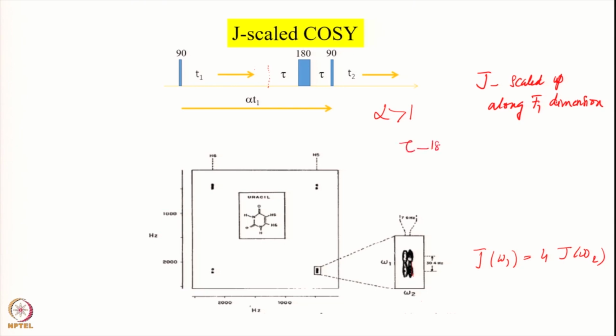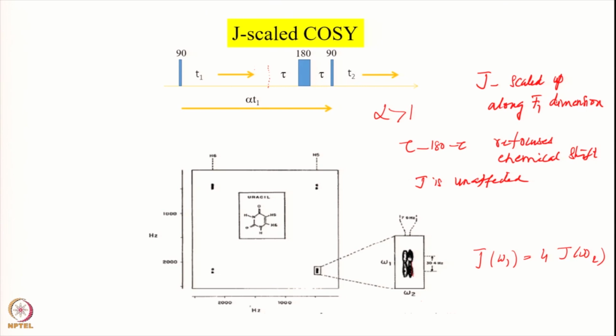Tau 180 tau refocuses chemical shifts, whereas the J is unaffected. Therefore, J continues to evolve for the period alpha times t1. You can choose whatever is the value of alpha, okay. You can choose alpha equal to 2, 3, 4, 5, whatever, depending upon the situation.